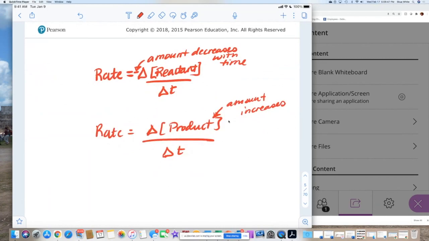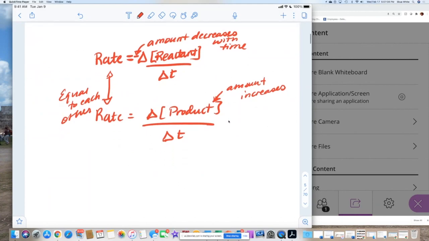Okay? Remember, these are equal to each other. So if you're either tracking the reactant or the product, you should get the same amount, which is the same value of rate.